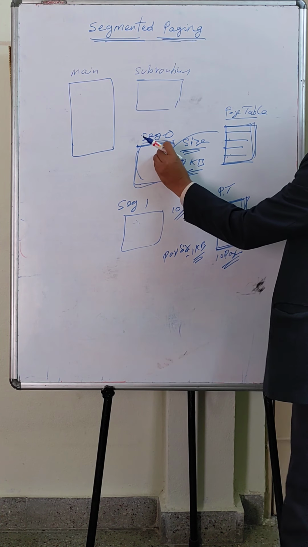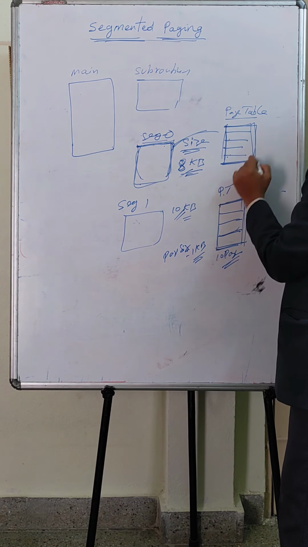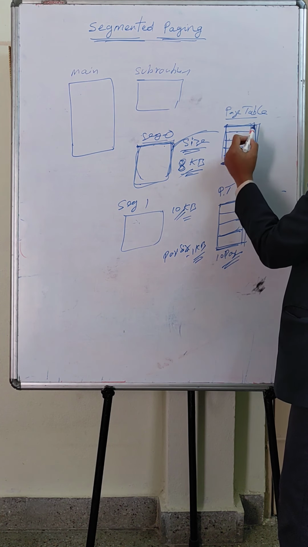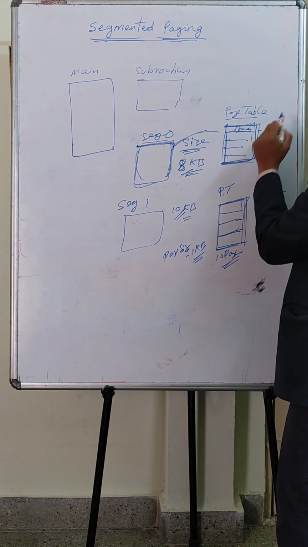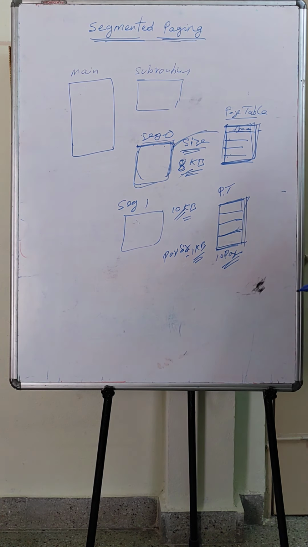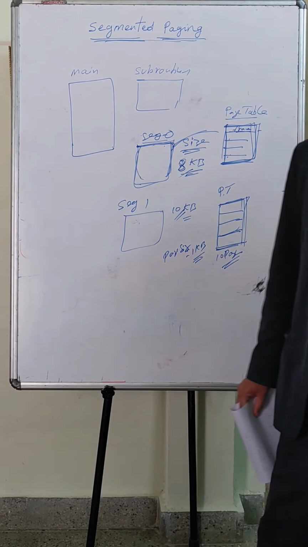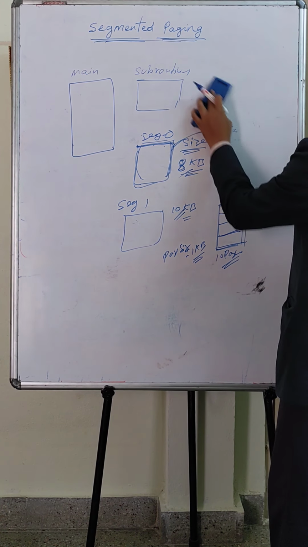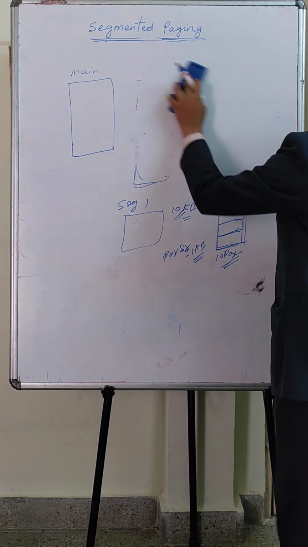Each segment is divided into a number of pages, and the page table has entries for the pages and holds the frame number. The frame number represents a frame in main memory. Now let us see the architecture or hardware diagram of segmented paging.